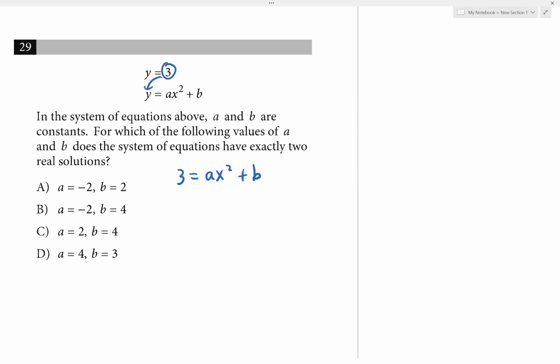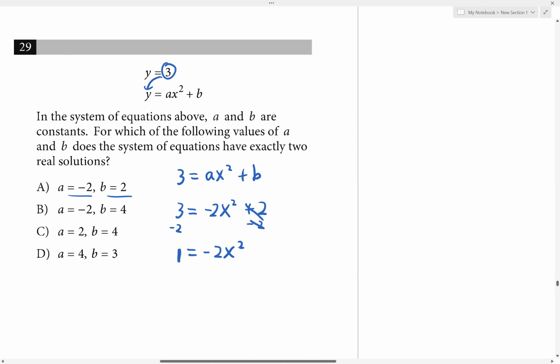If we plug in answer choice A, a equal to -2 and b equal to 2, that makes it 3 equal to -2x squared plus 2. Subtract 2 on both sides, and we get 3 minus 2, which is 1, equal to -2x squared. Then we divide by -2 on both sides to cancel out the -2, and get x squared equal to -1/2.